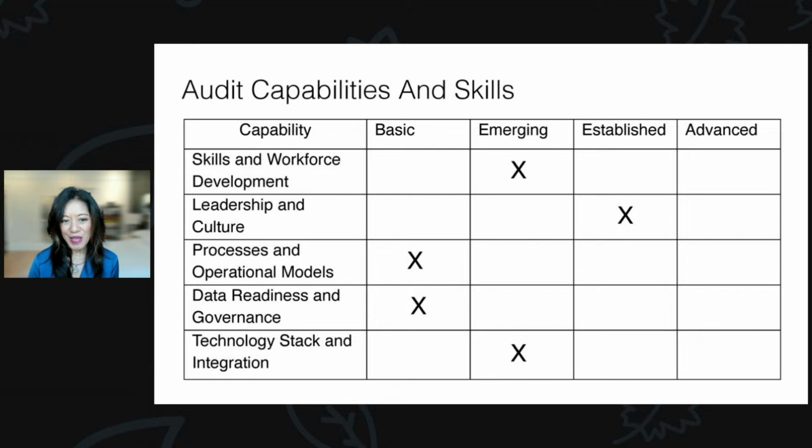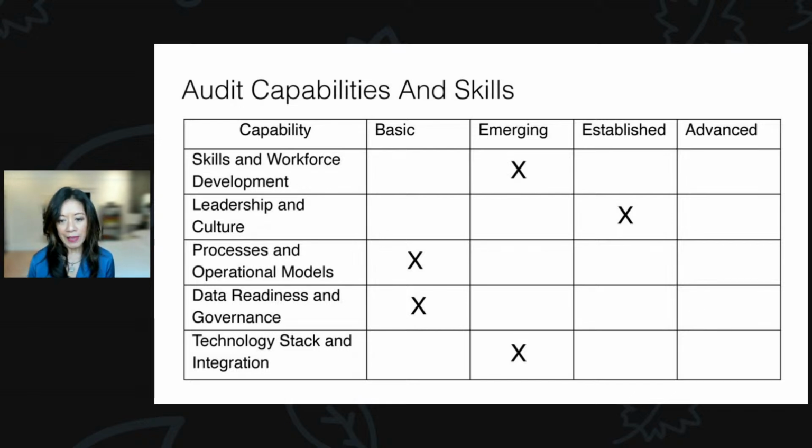And then the third step is to look at your capabilities and skills around generative AI. We've identified these 5 areas: skills and workforce development, leadership and culture, thinking about your processes and operational models, how agile and adaptable can they be, looking at your data and the governance models around them, and then also looking at technology stacks.